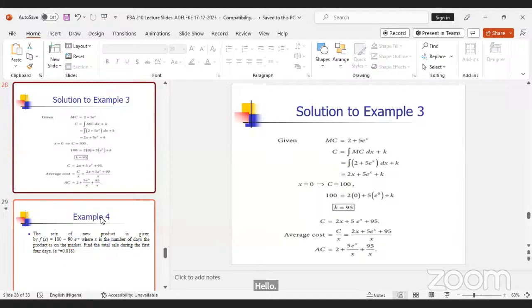So the total cost is actually 2x plus 5e^x plus 95. When you divide your total cost by x, it gives you the average cost. And that's why you have the average cost as 2 plus 5e^x all over x plus 95 over x. So it's straightforward.